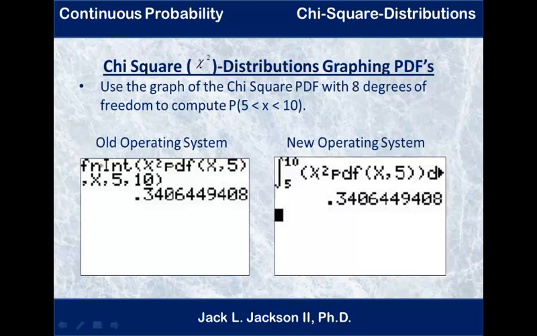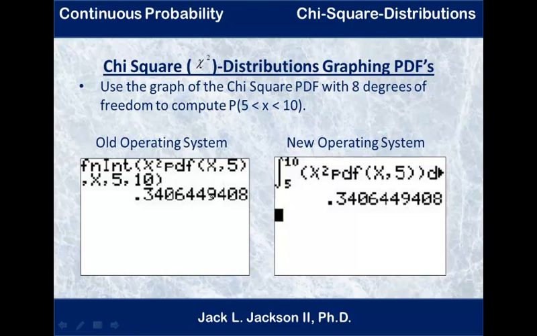Okay, so this time we're going to use the function integrate command. In the older operating system, or with the math print turned off in the new operating system, it looks like this. FNINT, which is math 9, I believe, and you give it the formula chi-square PDF x, 5, and then your second input's always x, and then the lower and upper limits, 5 and 10.